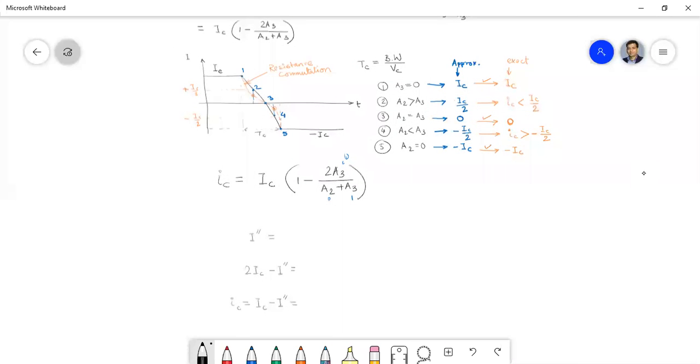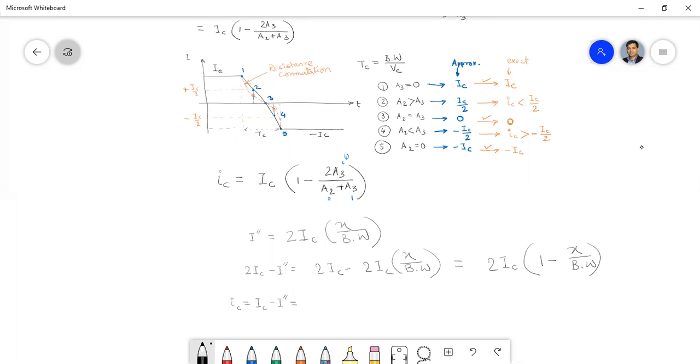I double prime means 2IC times X by brush width, and here it is 2IC minus 2IC X by brush width, which can be written as, if we take 2IC common, 1 minus X by brush width.